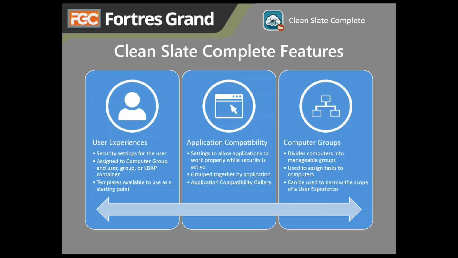Application compatibility is where you configure settings so that applications can run even if the user experience is restricting access to the file system or the registry. And so what this does is allows applications to work properly when that security is active, and you group these together by the application. The easiest example would be Office.